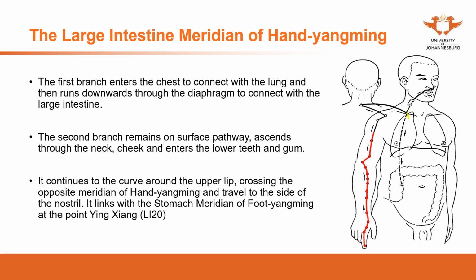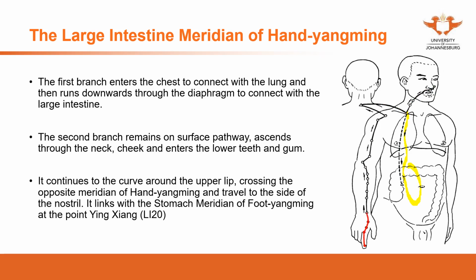On this spot it goes in, connects with the lung, and then runs downwards through the diaphragm, all the way to the large intestine. So that's the internal pathway. The internal pathway of the large intestine links to the lung and also goes to the large intestine.